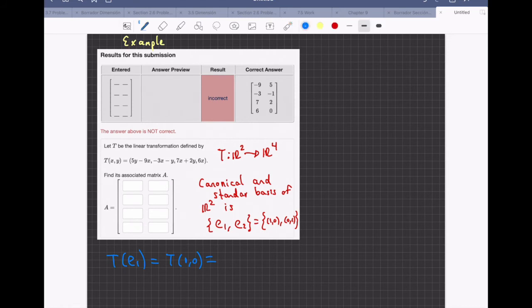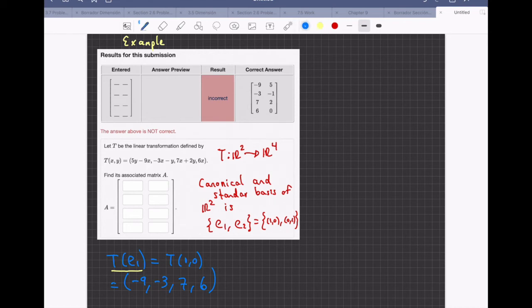So 5y is 0, minus 9, comma, negative 3 times 1, negative 3, minus 0, negative 3, comma, 7 times 1 is 7, plus 2 times 0 is 0, comma, 6 times 1, 6. Negative 9, negative 3, 7, and 6. This is T of E1.